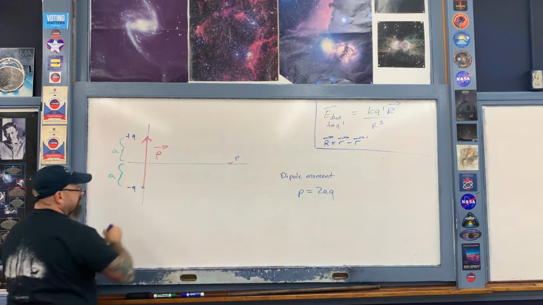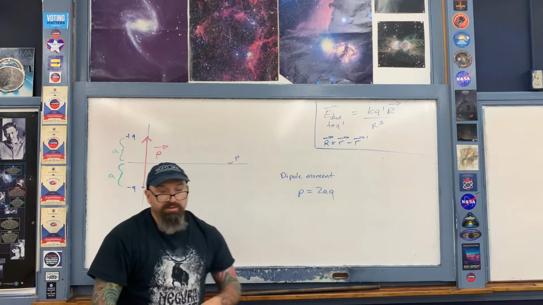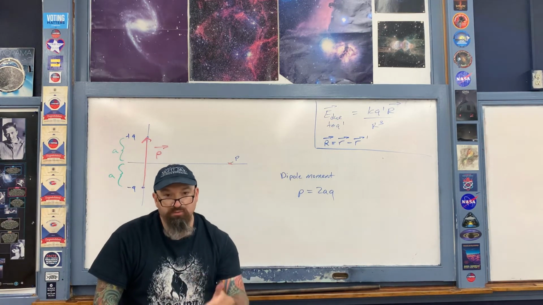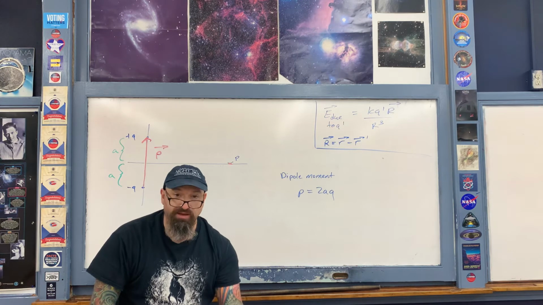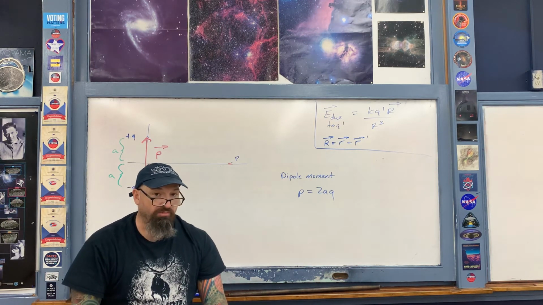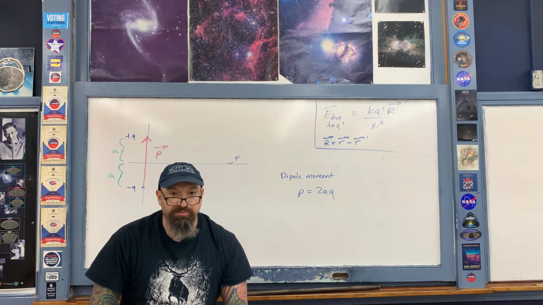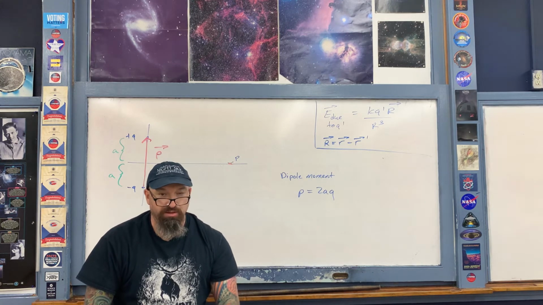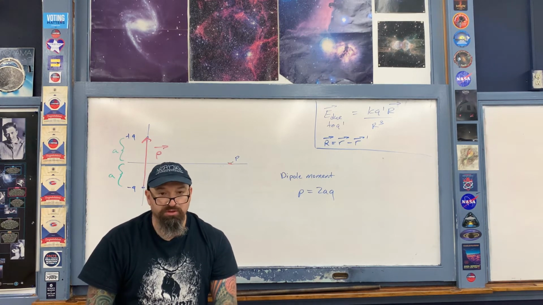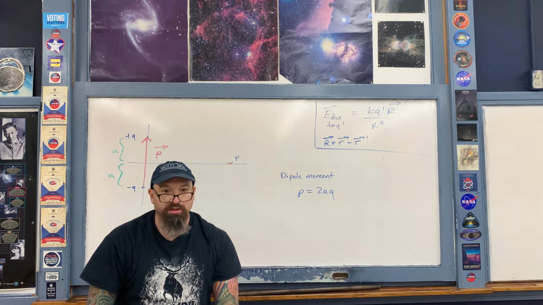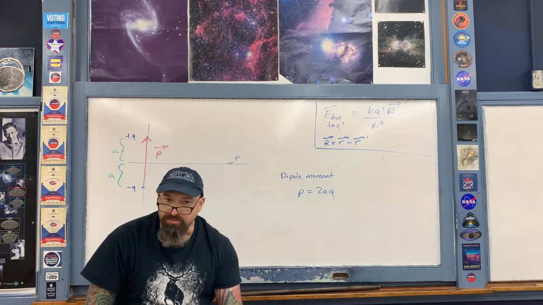This right here is the P vector. Let me give you some context as to why we bother to describe or define this new quantity, the dipole moment. Let me give you an example that you're familiar with from chemistry. Back in chemistry, for example, you talked about the polarization of a molecule. Let's use the example of water.